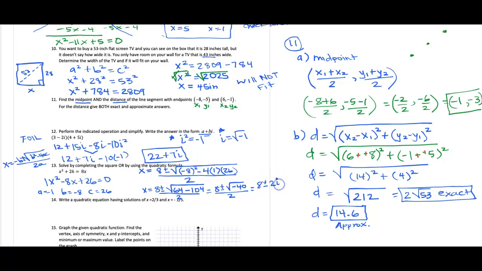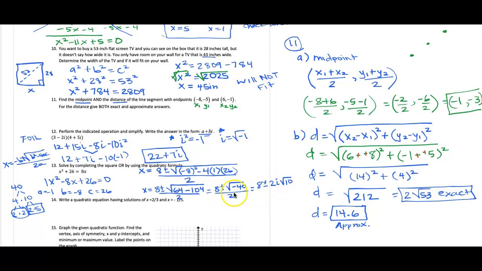So 2i, and then stuck inside is going to be a 10. And again, I'm just doing this in my head here, but hopefully you're following what I'm doing. All right, so this 2 gets to come out, and the 10 is still stuck inside there.